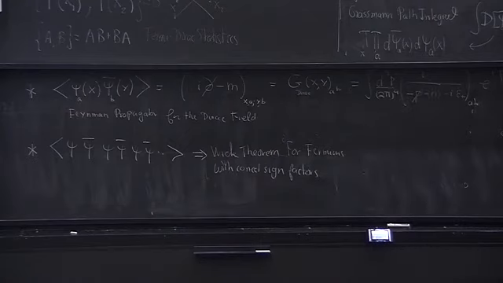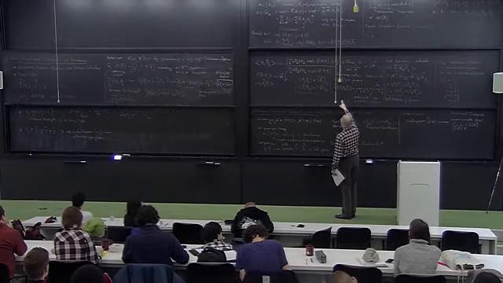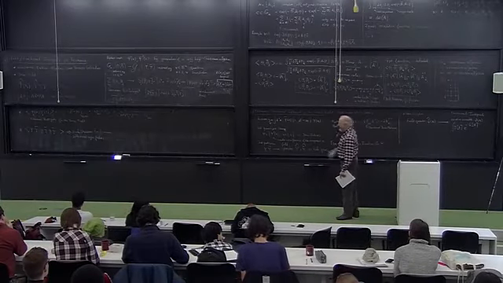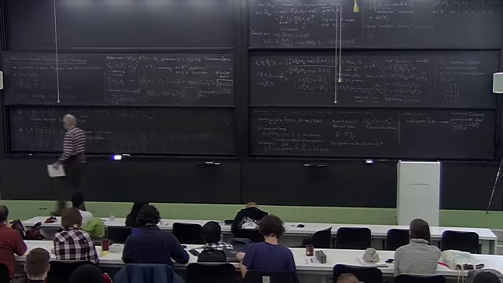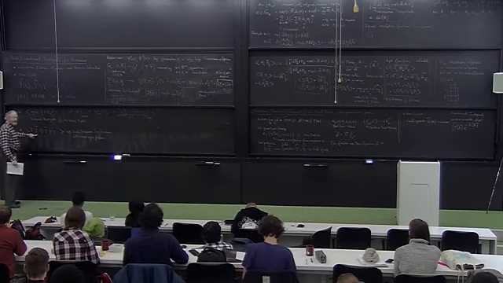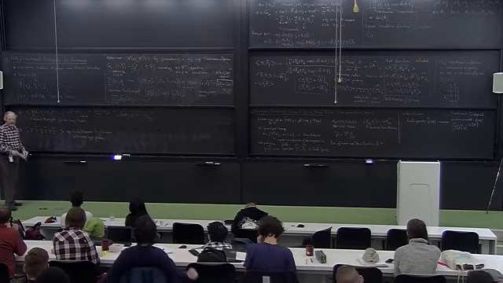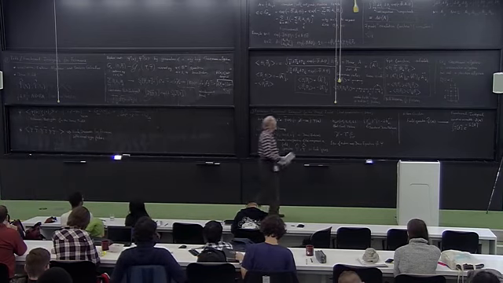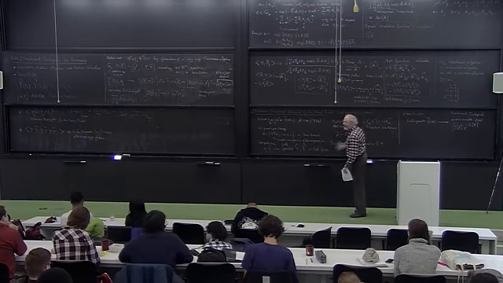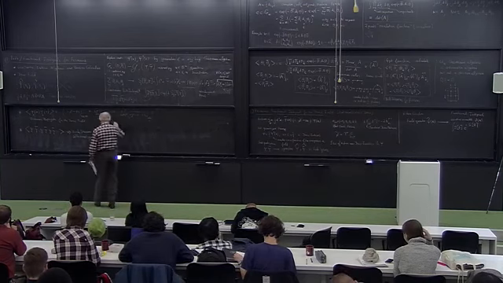So for instance, if you replace theta, theta bar by psi and psi bar, you get that the product of a four-point function, a vacuum expectation value of four fermion field operators, is given by the combination of the two, given exactly by the same picture. Okay. So we are done.